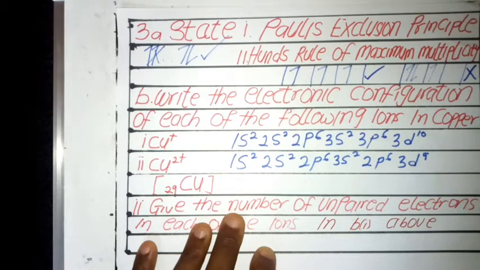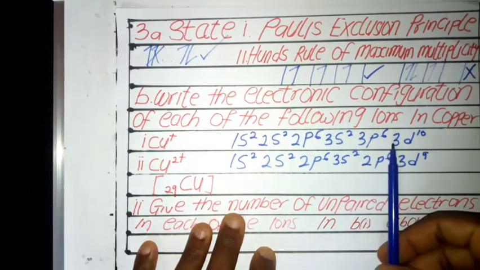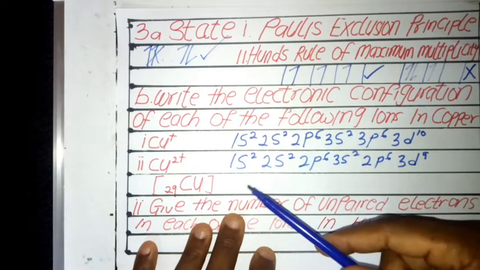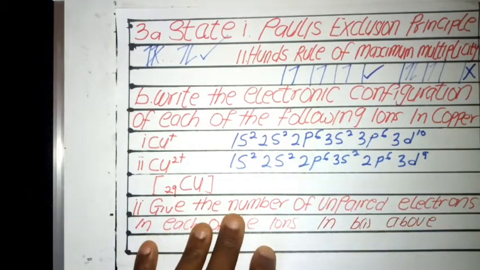That happens because this form is more stable than that form. That's why you have to be careful when writing the electronic configuration of some elements like copper and some other transition metals. So this is the electronic configuration of Cu+ and Cu2+.